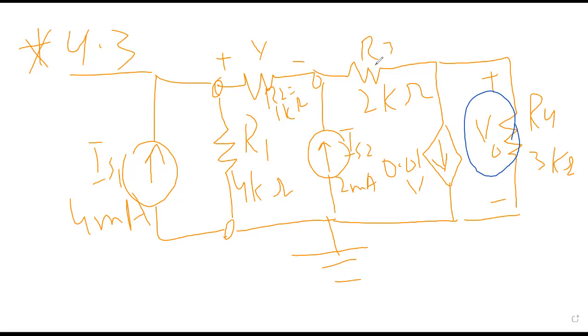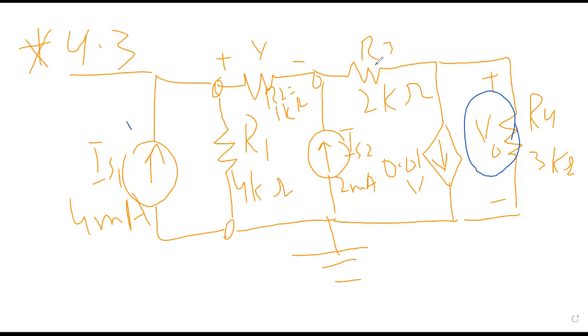So let's start. For the superposition, it must first be divided into parts. First, when there is IS1, and when there is IS2, so how to apply this?